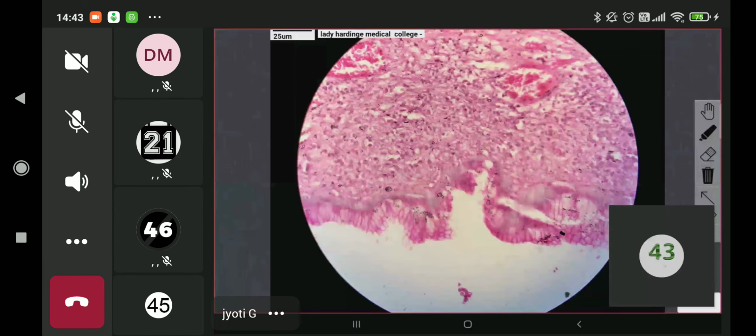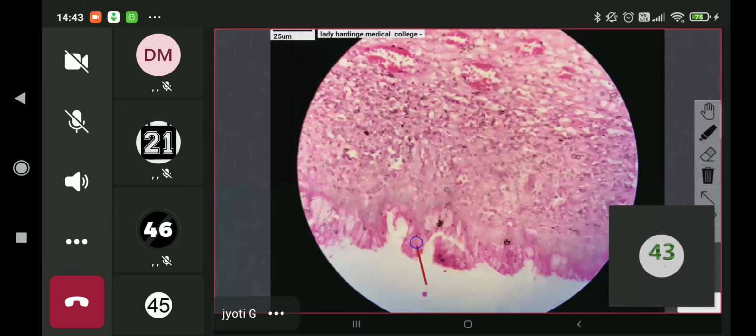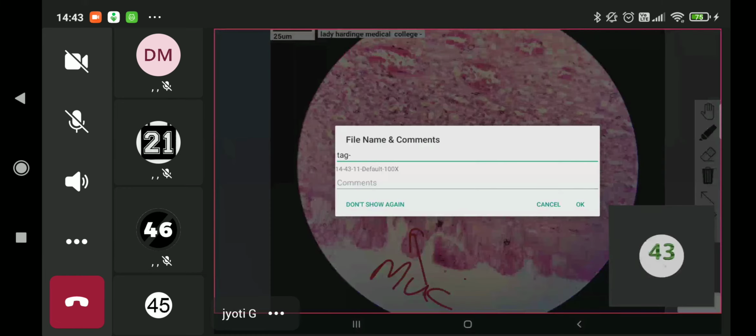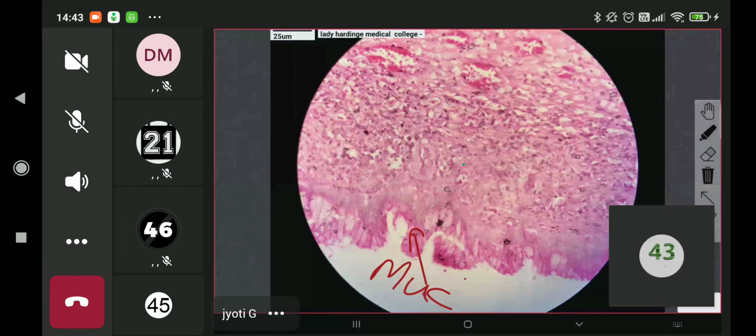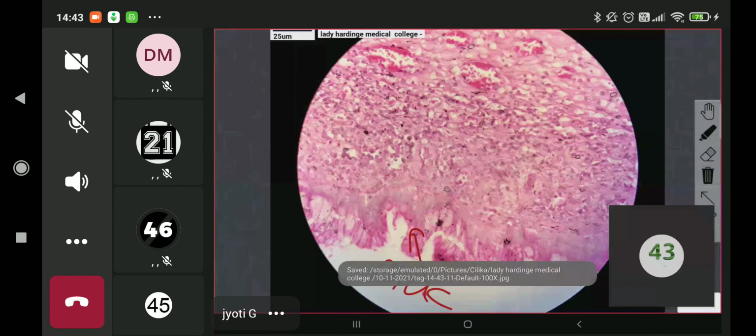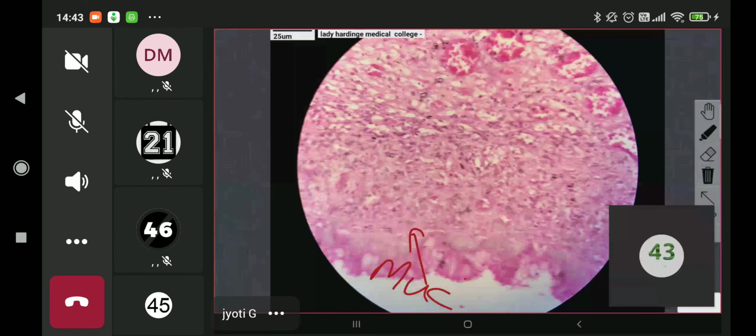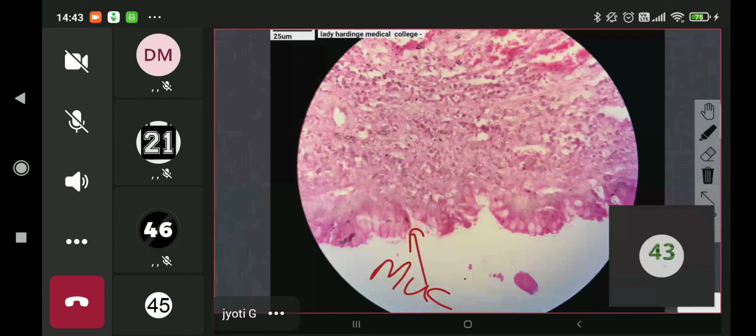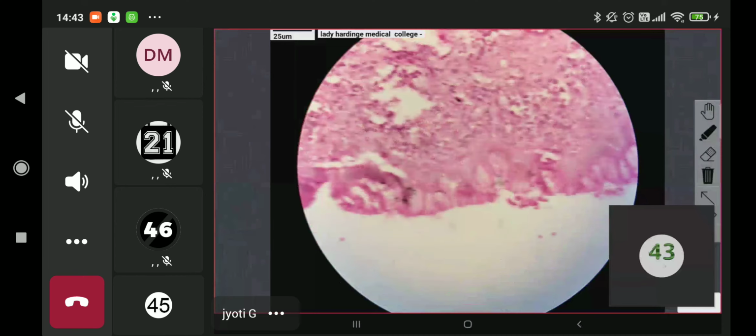Can you see the difference in the lining epithelium? So this is mucinous. Anybody has any doubts? Can you all see the mucin vacuoles within the cells? Yes or no?